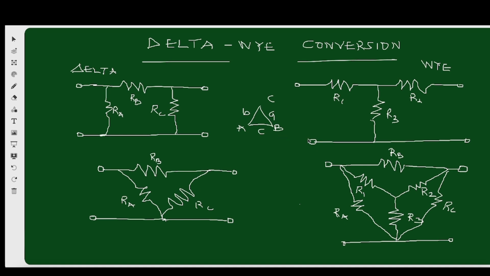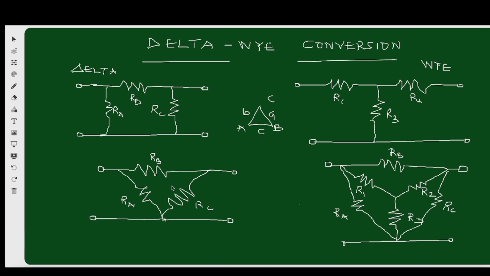Do you understand? So delta to y is also very, very simple. Star to delta is that you draw delta outside, so that you now find the resistor opposite to what you are looking for. And of course you do R1 R2 plus R2 R3 plus R3 R1, then divide by the opposite resistor.